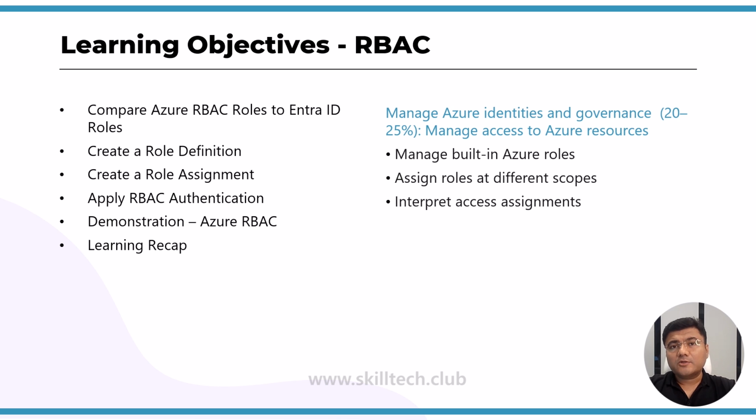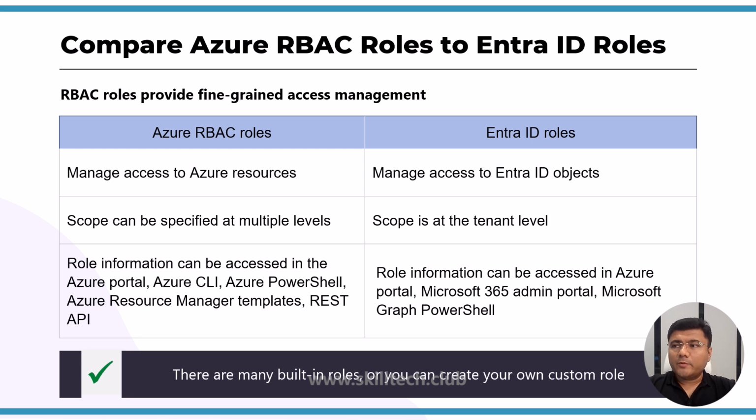Basically, in these levels, you're going to use different kinds of roles, which are known as role-based access control roles. Let's not get confused. When we are going to see this practically, you'll understand that. Also remember, you can have built-in roles, as well as if you want, you can create a customized role also. That is 100% possible. This slide is actually showing you the comparison between role-based access control roles and Entra ID roles, or the other name of this is administrative roles.